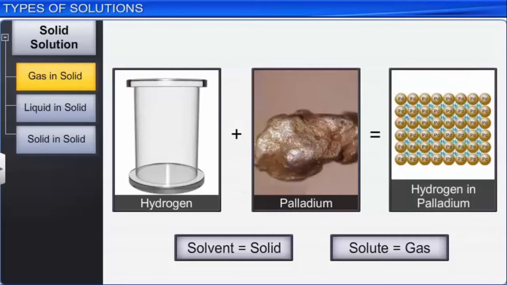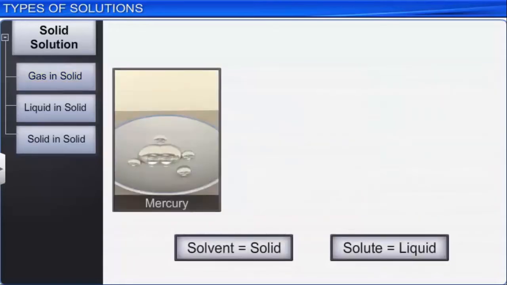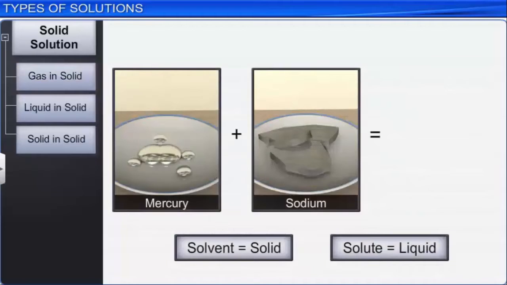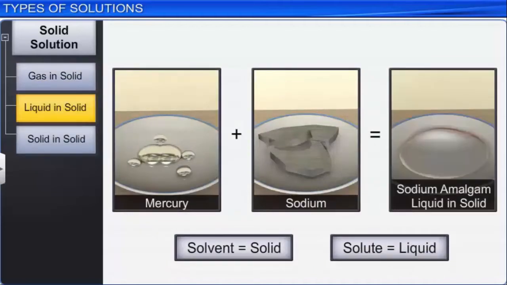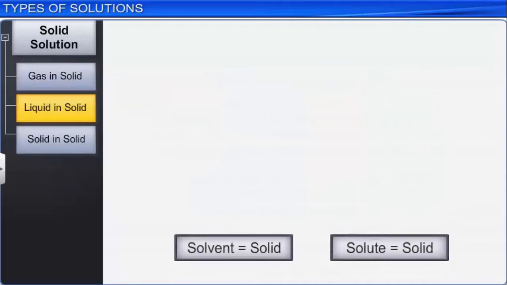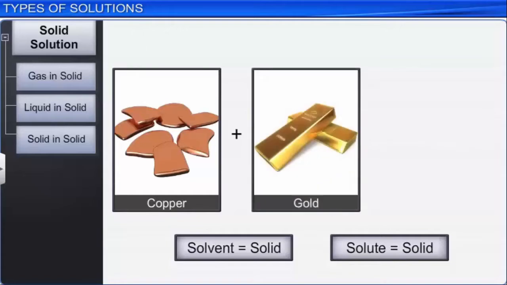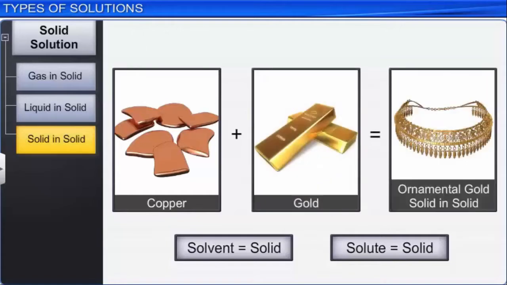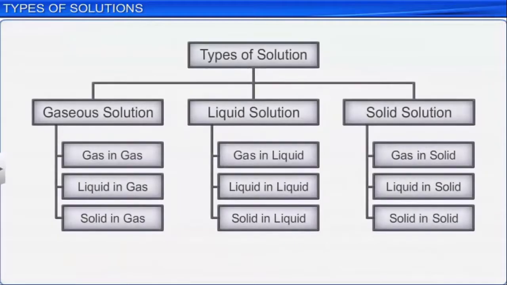An amalgam of mercury with sodium is an example of liquid in solid type of solution, while copper dissolved in gold is an example of solid in solid type of solution. Out of the various types of solutions we just discussed, the most significant are those that are in the liquid phase. We will therefore confine our study to binary liquid solutions.